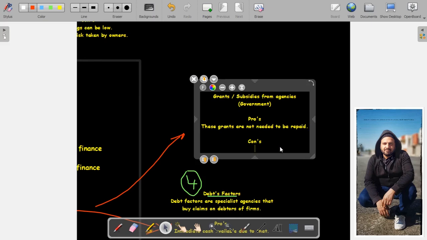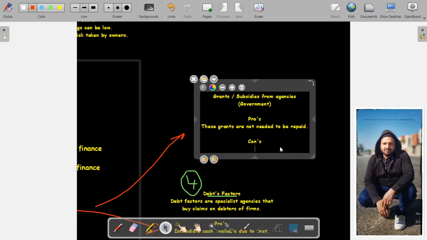Or you can say the restriction, or say there's something called a sting attached to it, because sometimes the government will give you that as a grant, but, for example, they would ask you to locate in a particular area where there is a high rate of unemployment.